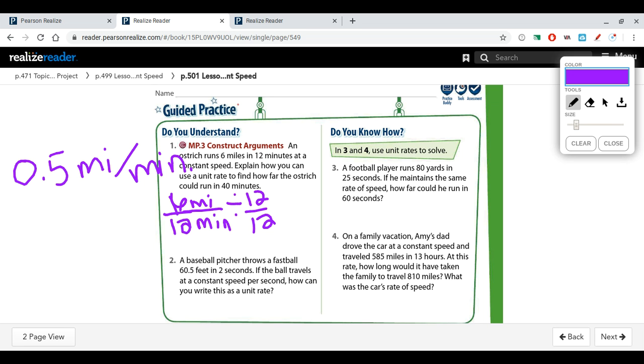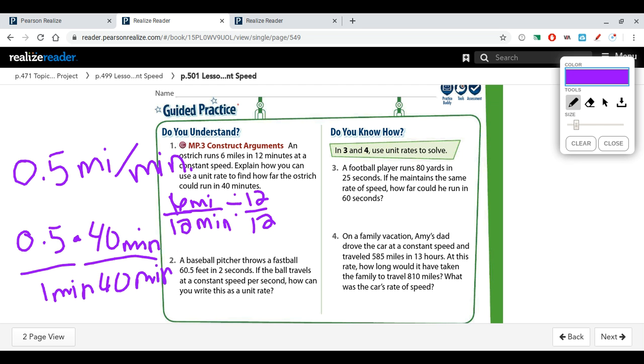And so then from there, I'm going to multiply 0.5 times 40 minutes. And I'm going to multiply 1 minute times 40 minutes. And when I do that, I end up with 40 minutes.